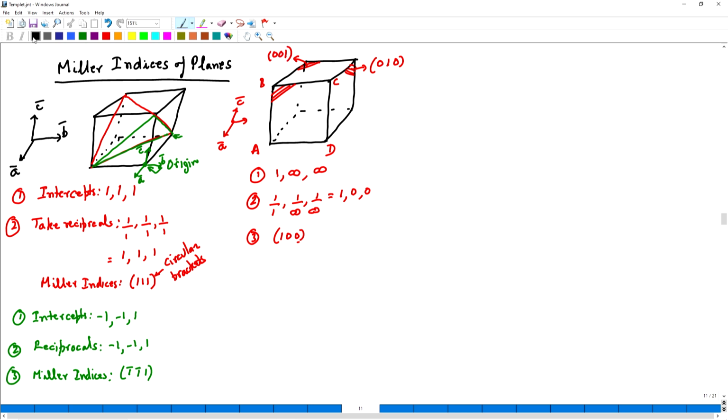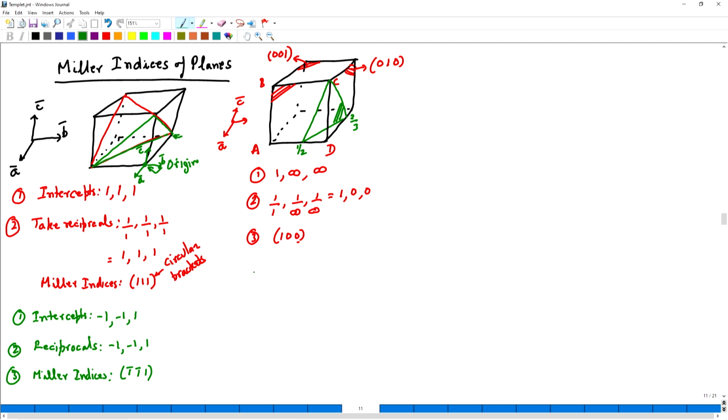Now, consider another example, where I will consider this plane, and let us say this intersects this edge AD at, let us say, half, it intersects the other edge at 2/3, and third it intersects at 1.